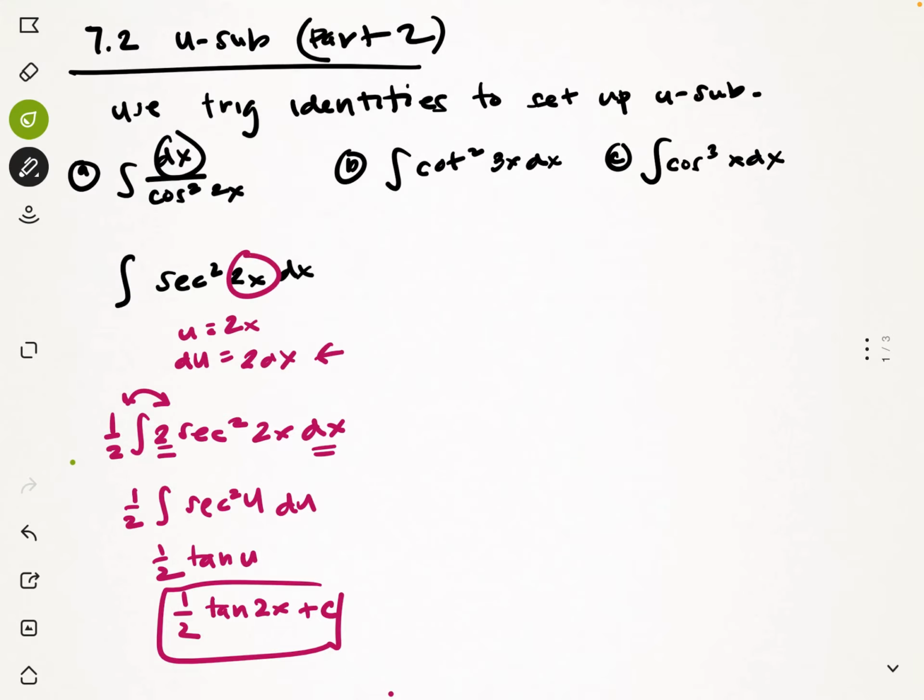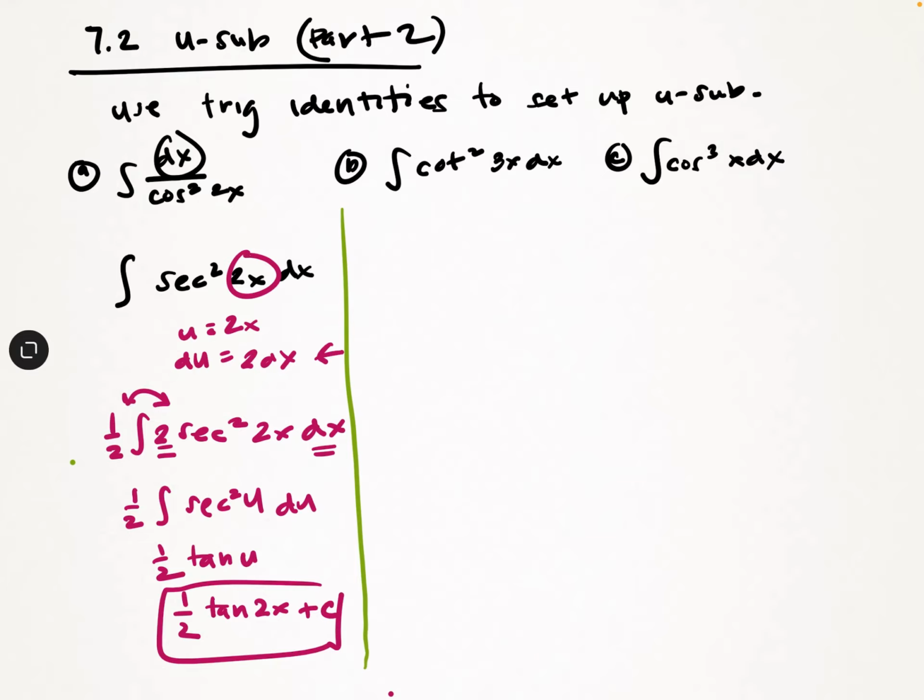Okay, on to the next one, cotangent squared 3x dx. Now this one's a little bit more difficult. This one's a Pythagorean identity. So cotangent squared is the same thing as cosecant squared 3x minus 1, dx.